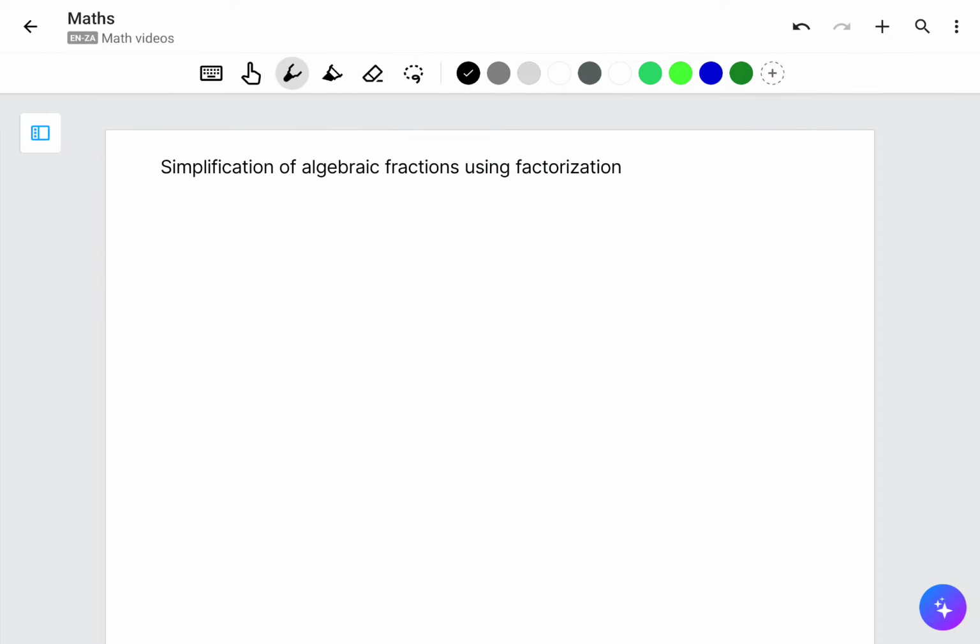Let's take it a little bit up. So we're going to say 4x squared plus 4x over 2x.